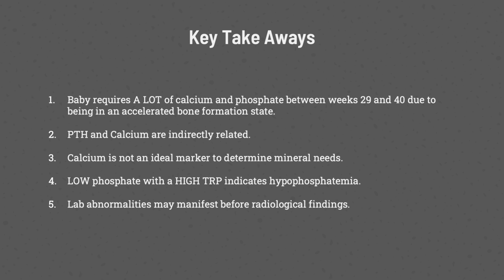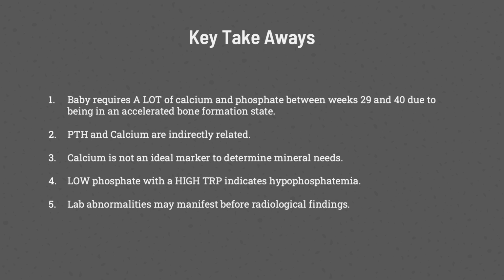To wrap up this presentation, here are some key takeaways. One, baby is going to require a lot of calcium and phos during that third trimester, typically between the weeks of 29 and 40, due to being in an accelerated bone formation state, or during that secondary ossification process. Two, PTH and calcium are indirectly related, so when one is high, the other is going to be low.